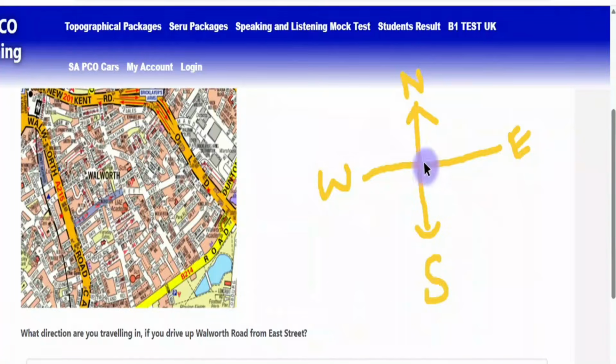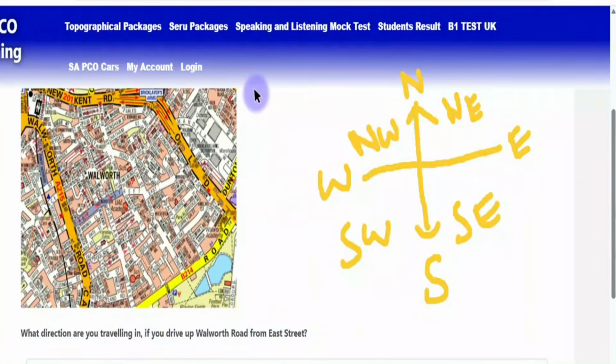Don't worry, this will be given in the exam on the screen as well. In the middle is going to be northeast. If you're traveling this way, it's northeast. This is going to be southeast, and this is going to be southwest. This is going to be northwest.